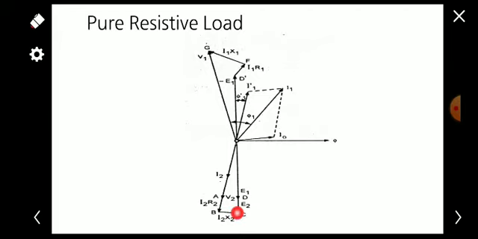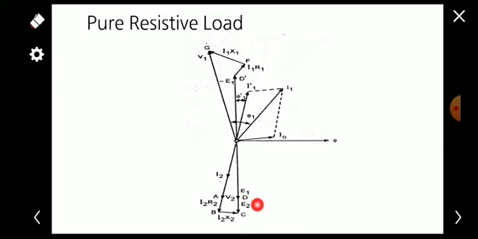So we will draw I2 into X2 from this point B, at exactly 90 degrees with the line AB. The meeting point of these vectors will represent the corresponding E2.